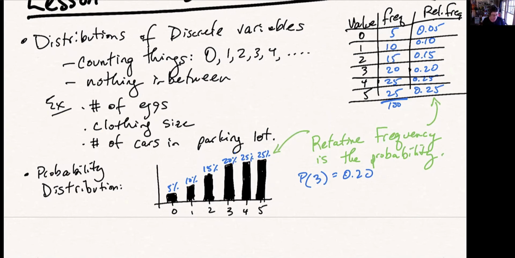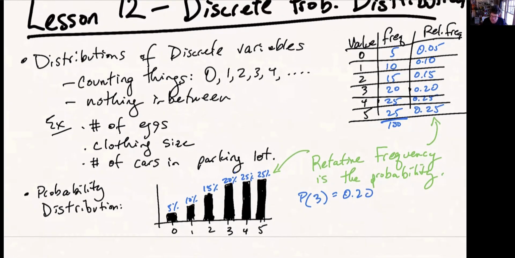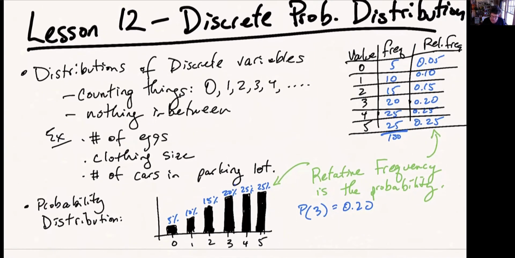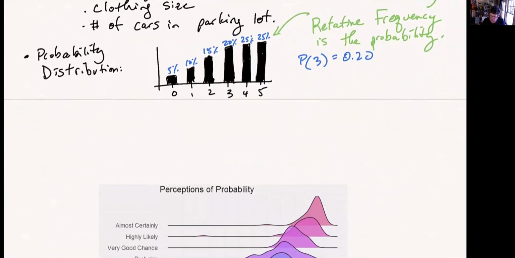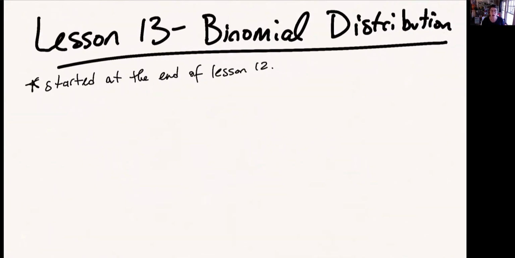Okay, at the end of lesson 12, we started looking at the binomial distribution. In the interest of your sanity, I'm going to do it all under lesson 13, okay? But just know that it started at the end of lesson 12, and I'll make a note of that in a moment. Unlike lessons 10 and 11, where really different stuff was discussed in each of those 2 lessons, the end of lesson 12 and lesson 13 really were just reiterating each other.